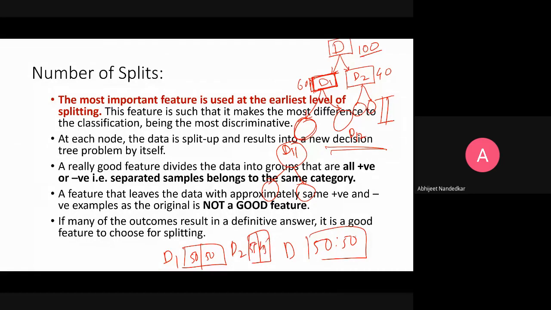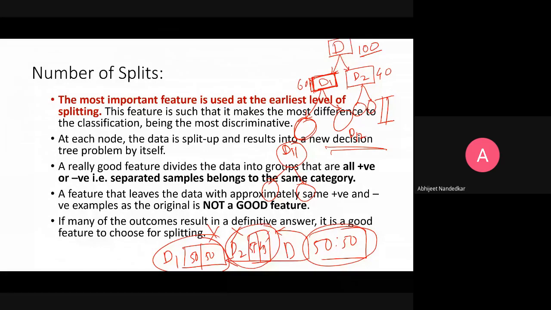So this is a ratio comparable to the parent proportion. In the parent node, the proportion of omega 1 and omega 2 is approximately the same, that is 50%, and in the children nodes, it is also the same. Then such a division, based on a feature that gives you this division, is not useful.